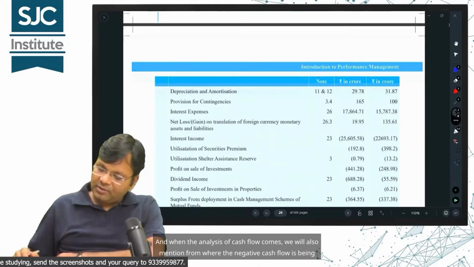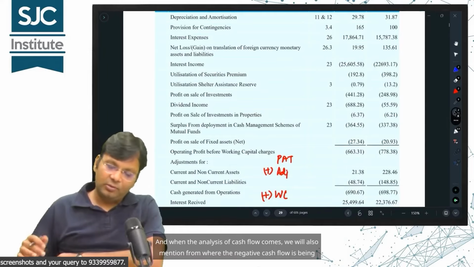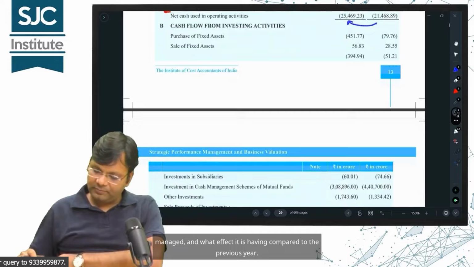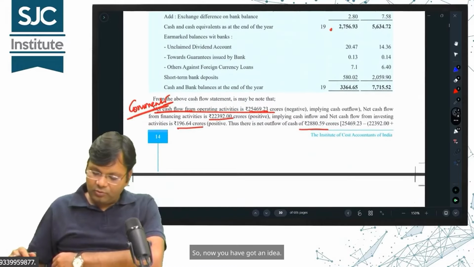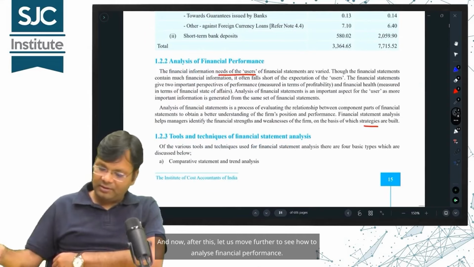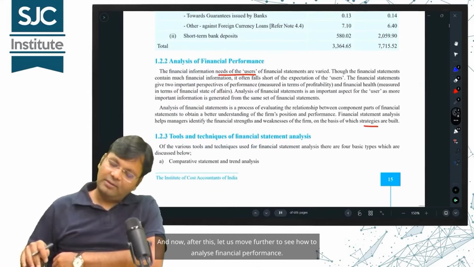And when the analysis of cash flow comes, we will also mention from where the negative cash flow is being managed and what effect it is having compared to the previous year. So, now you have got an idea.